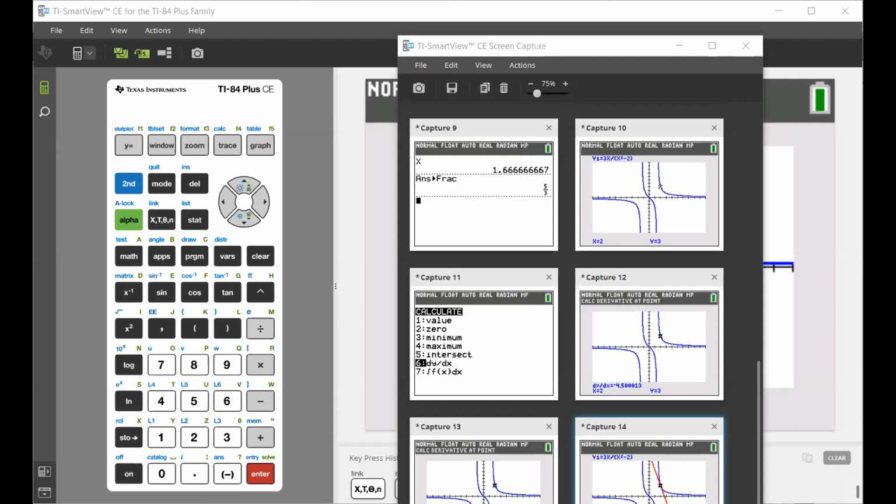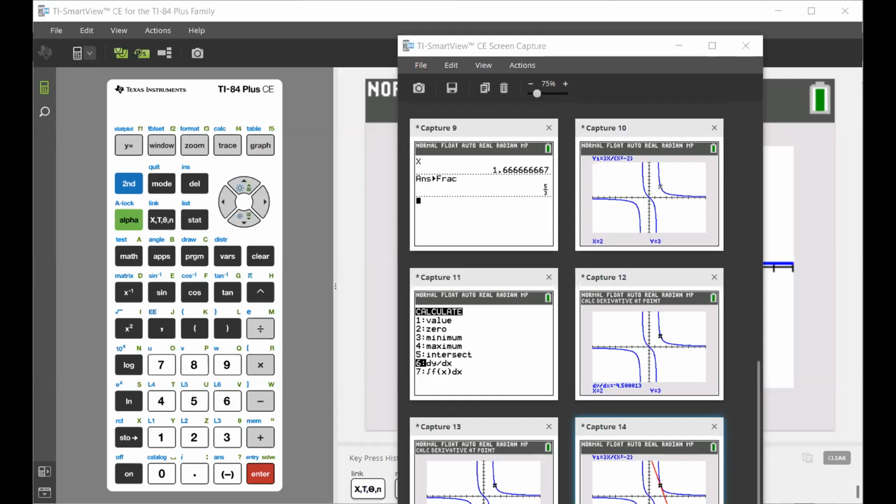So P of x is 12x minus the cost function. Distributing the negative gives me this function. Combining the 12x and the minus 8x gives me 4x minus 10,000. So now I've got all three functions.